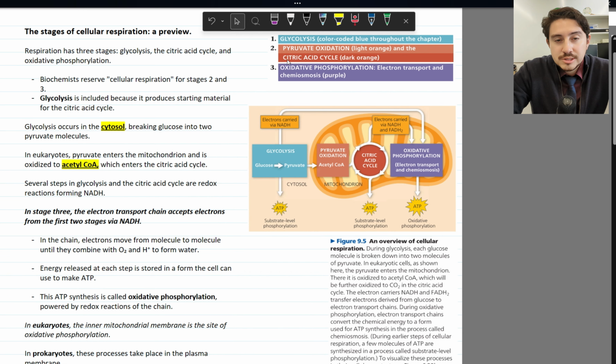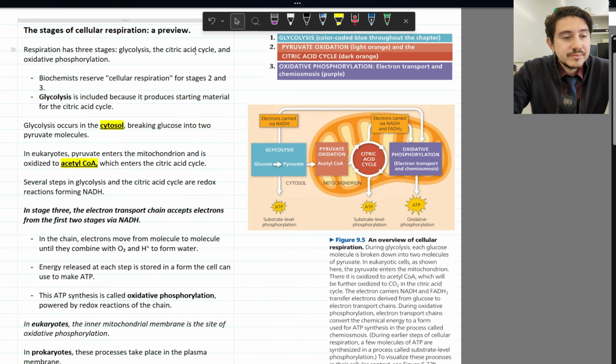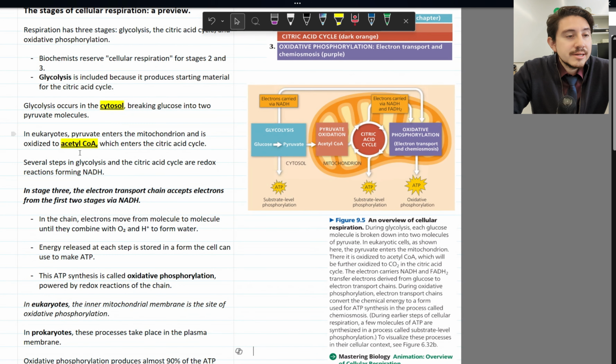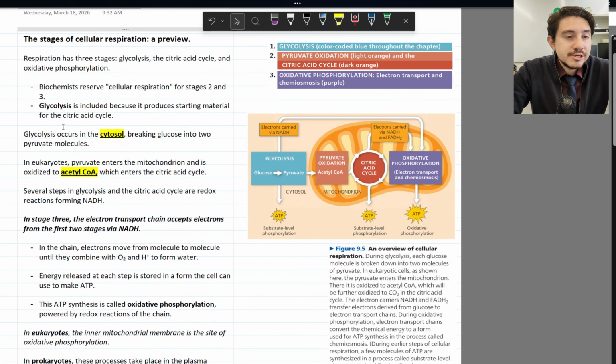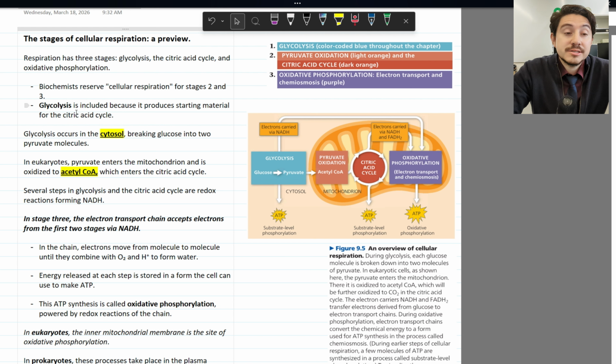Here you see two substages, pyruvate oxidation and citric acid cycle, but it's considered as stage number 2. So you have glycolysis, citric acid cycle, and oxidative phosphorylation. Again, in terms of aerobic respiration and cellular respiration, it's focused more on the citric acid cycle and the electron transport chain, oxidative phosphorylation.